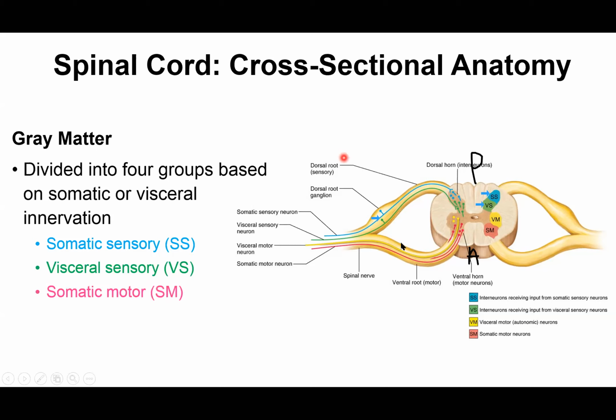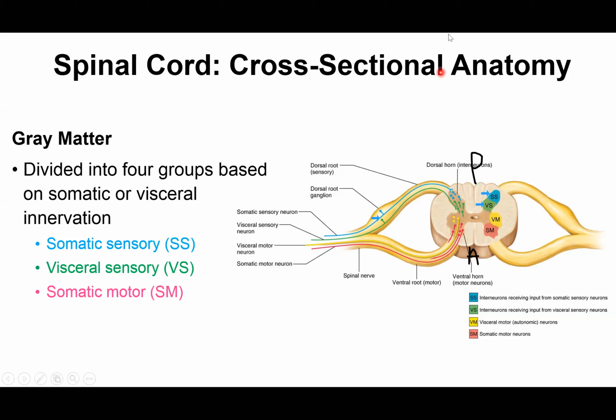On the ventral side, the anterior side, we have motor neurons. So we have the somatic motor neurons. And so you can see those are the pink ones, which are going to send signals out to the body.